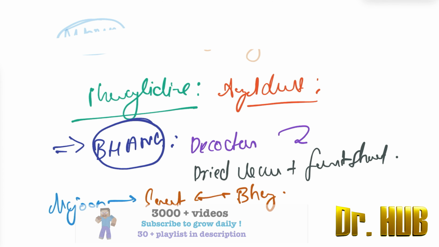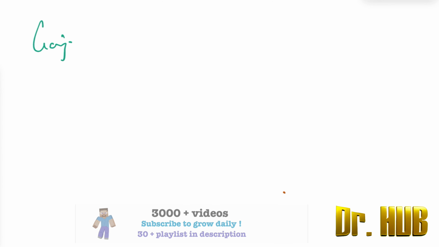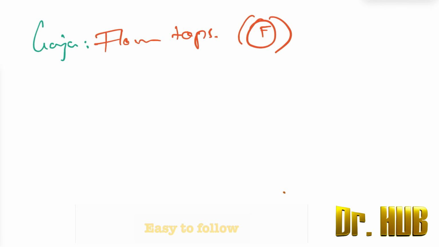Then we will look at ganja. Where is ganja prepared from? Ganja is prepared from the flower tops of the female plant, and then it is smoked. Then come hashish or charas.